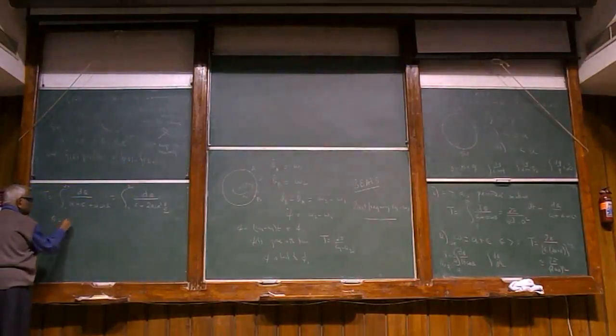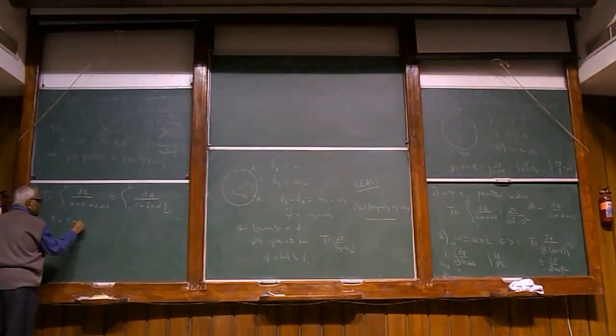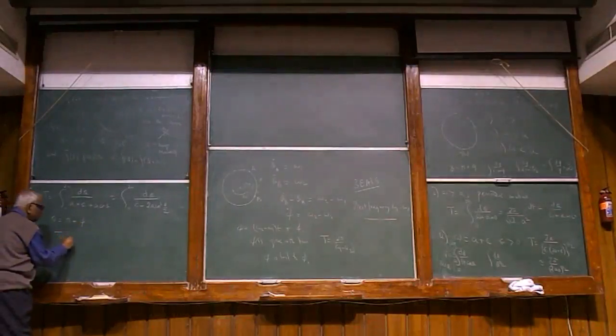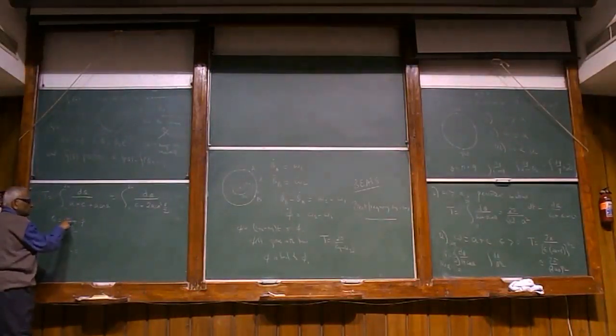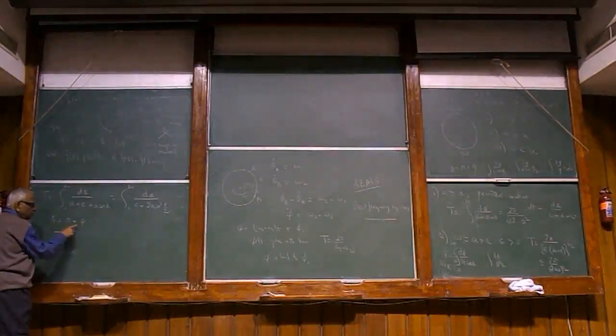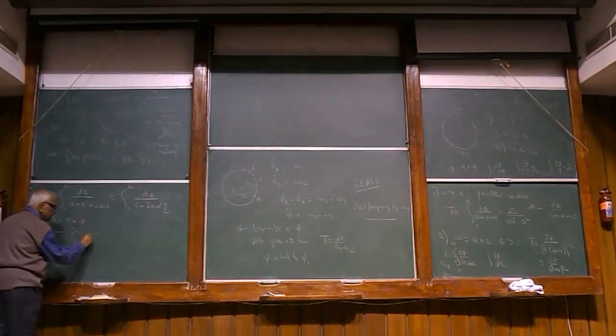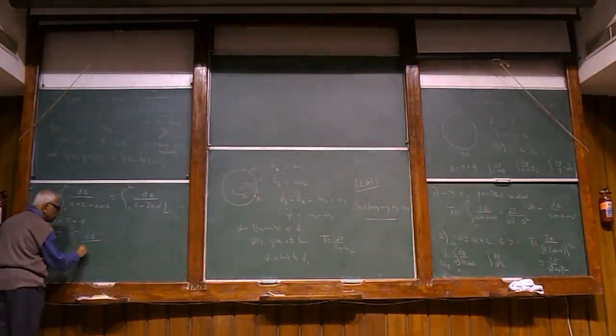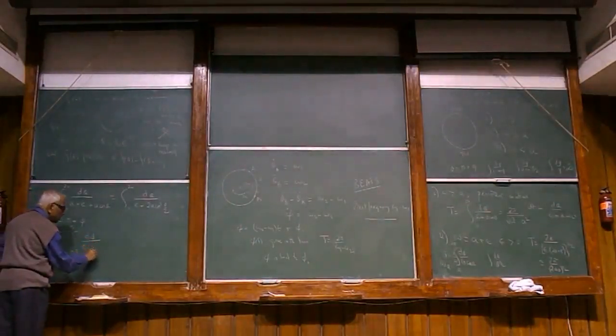So you look at theta equal to pi, you set a change of variable theta equal to pi plus phi, then the limits run from minus pi to plus pi. So theta equal to 0, phi is minus pi, theta equal to 2 pi, phi is pi, and it is d phi divided by epsilon plus 2a.